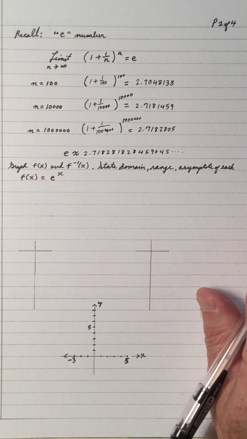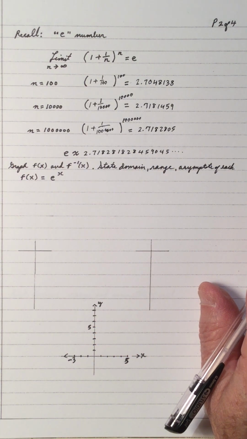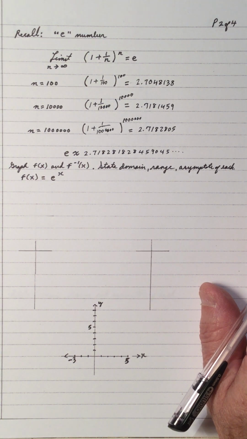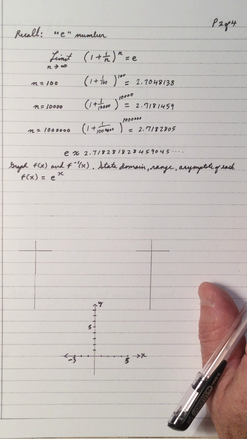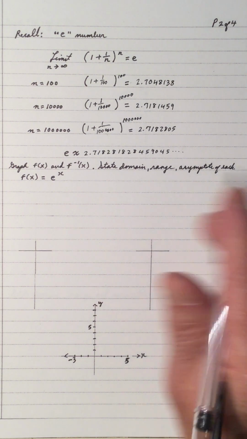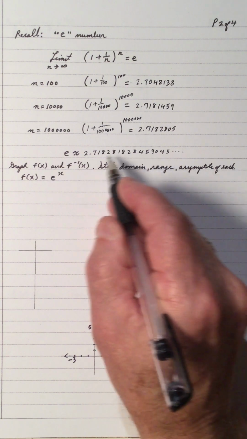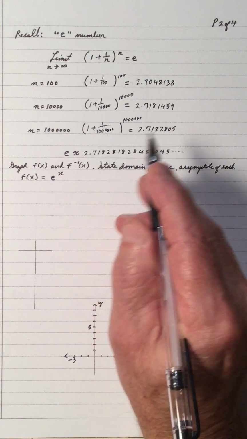So anytime you see an e, the base is roughly 2.7, or roughly a 3. That's how I equate it. So again, e is a base, but it's approximately 2.7.